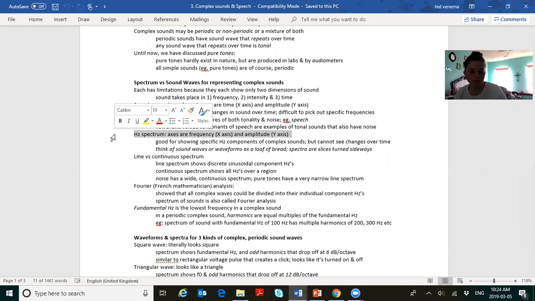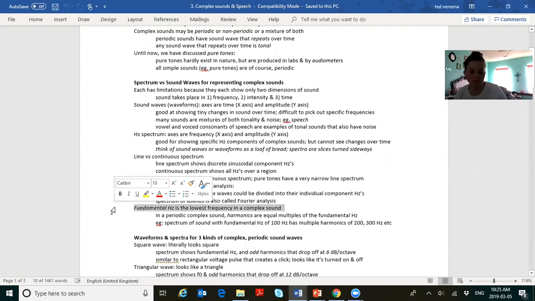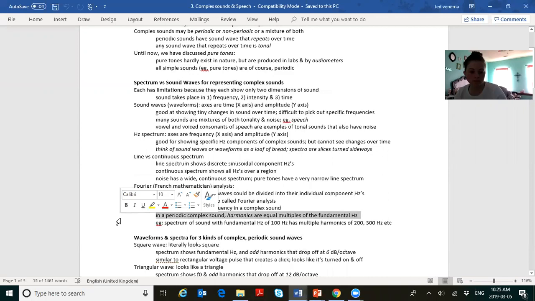And the advantages of a spectrum is that you can see what the individual frequencies are. You need to know what fundamental frequency is, and you need to know what the differences are between harmonics and octaves. Harmonics are equal multiples of the fundamental. Octaves are when you double the frequency.